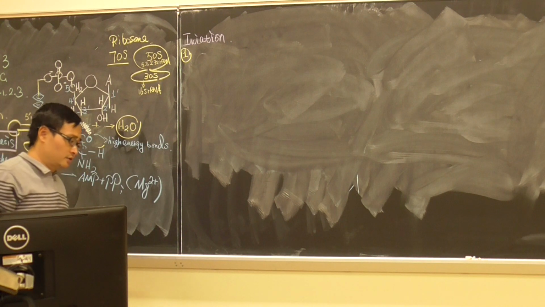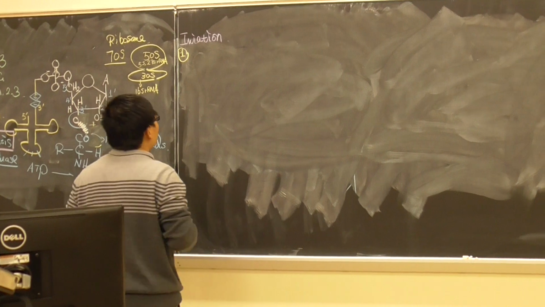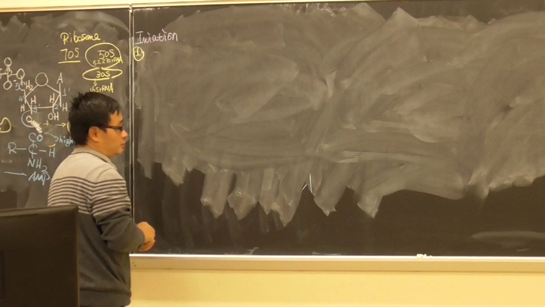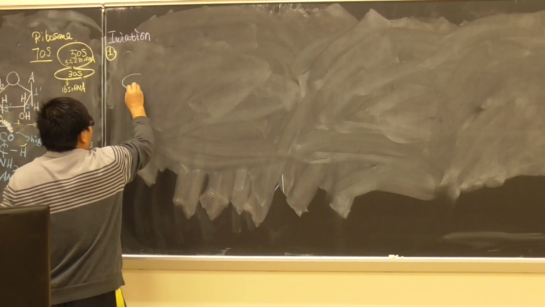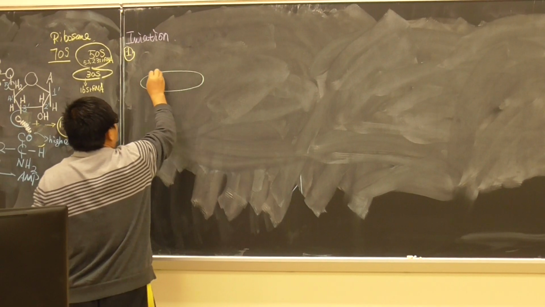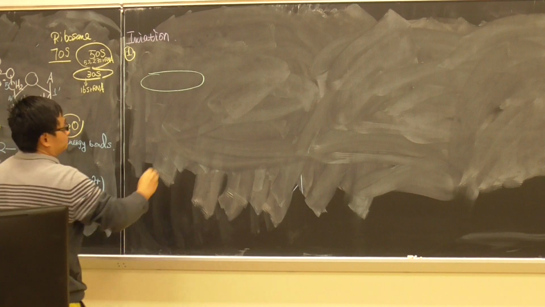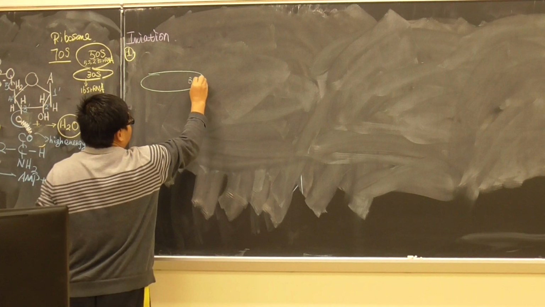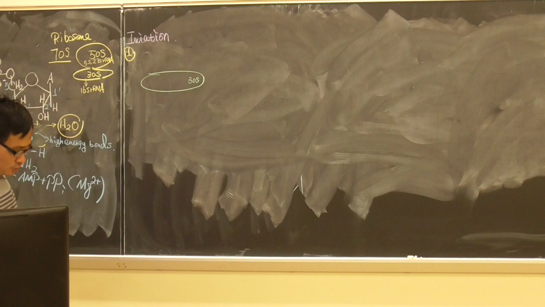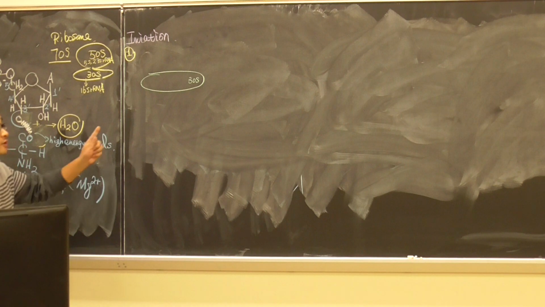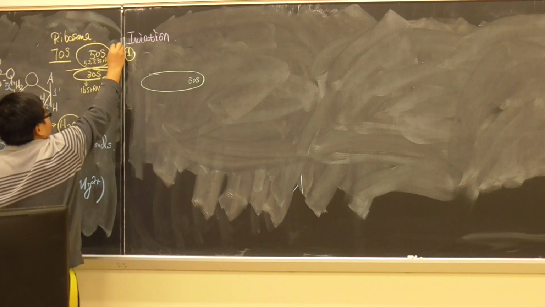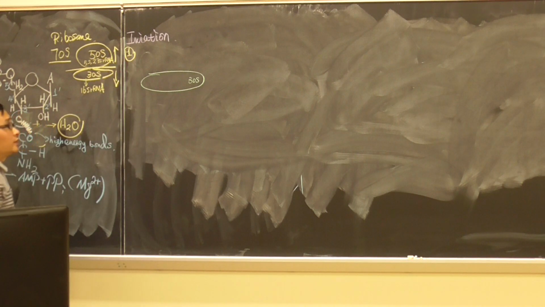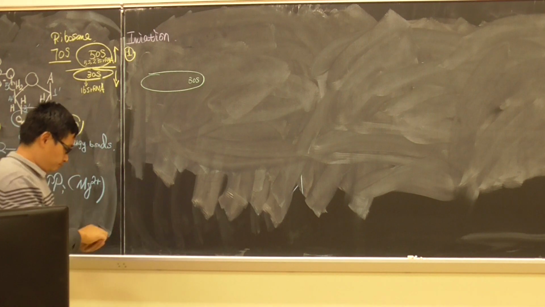Okay, then we talk about the initiation. What is going to happen? Let's draw the picture and talk about that. First of all, there is a 30S subunit here. At the beginning, before they start translation, you need to know these two are separated. They are not connected together. How are they separated?